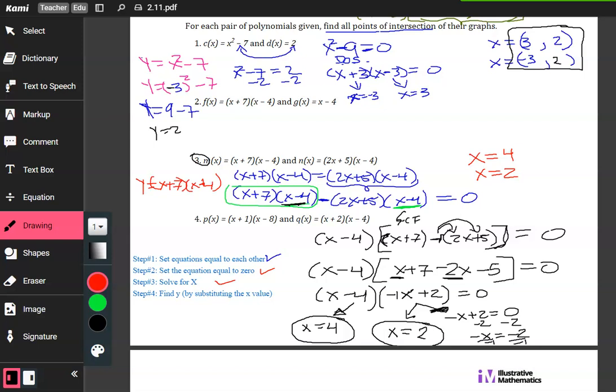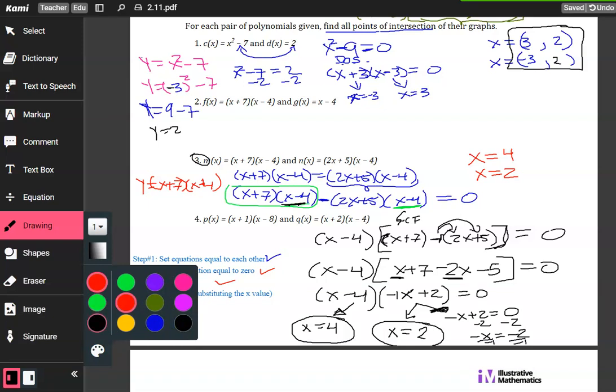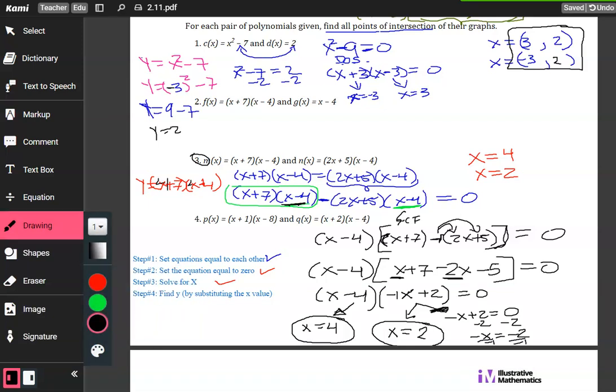Okay, so if you take 4 and you plug it in, what you're going to see is that this is going to be 4 minus 4, which is 0. And 0 times whatever this is still going to be 0. So the y coordinate when you plug in 4 is going to be 0.